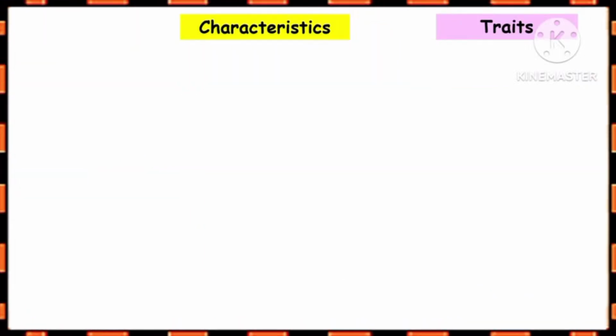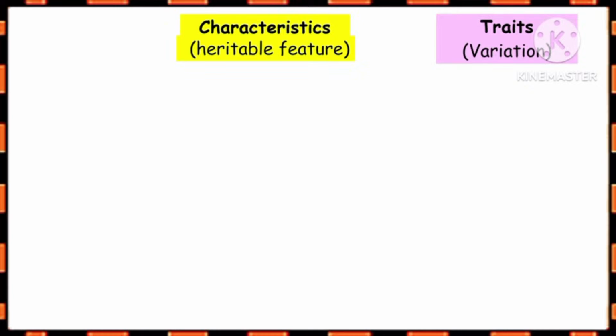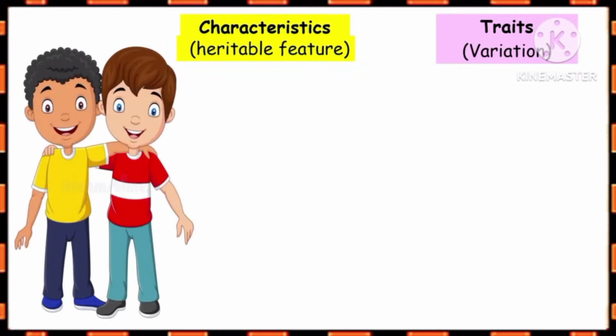Next, what is the difference between characteristic and traits? Characteristic refers to the heritable features, while trait refers to the variations in the characteristic. This picture shows you two boys with different characteristics and traits. What characteristics can be listed from the pictures?